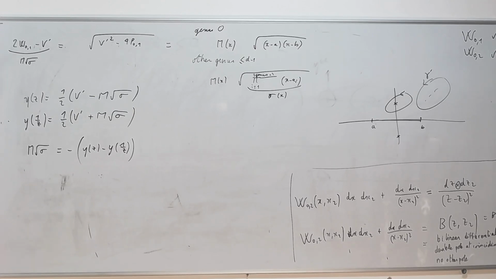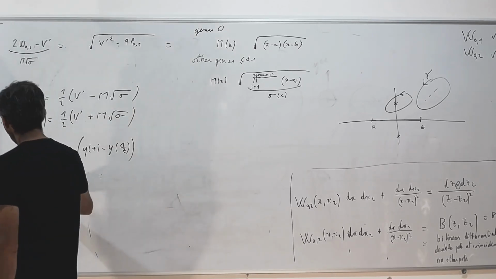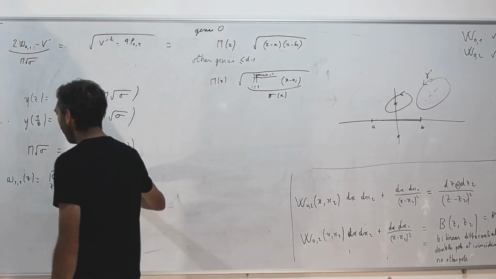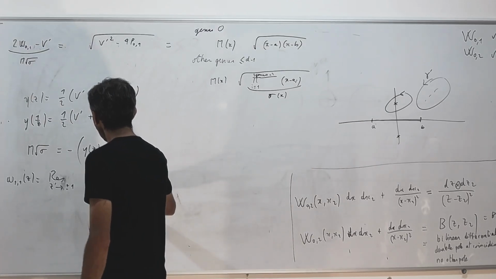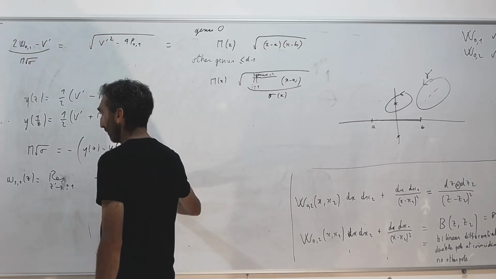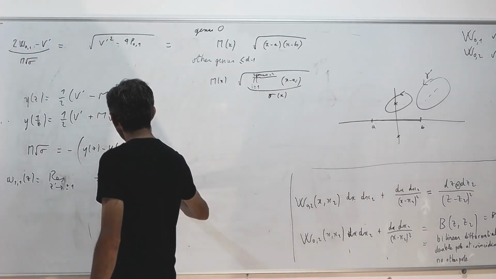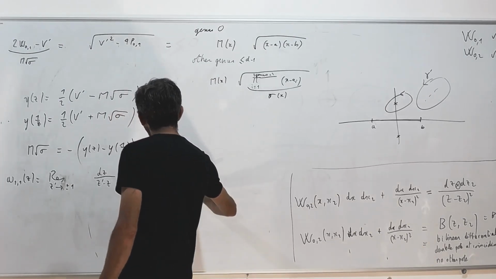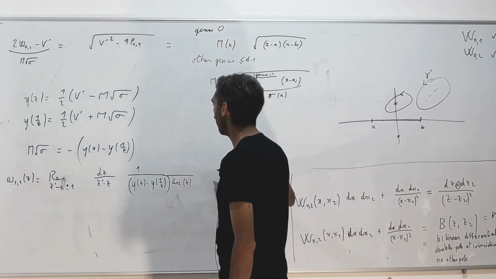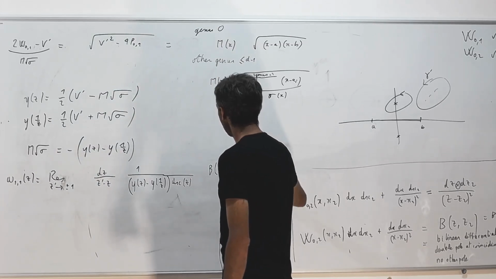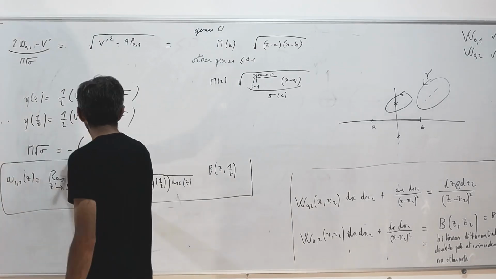So in the end, W11 of z, and now we are almost at the residue at z prime goes to plus or minus 1 of dz over z prime minus z, 1 over y of z minus y of 1 over z times dx of z times b of z and 1 over z. And this is more or less the final expression.